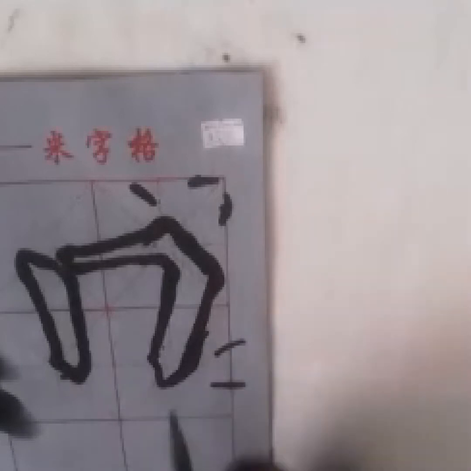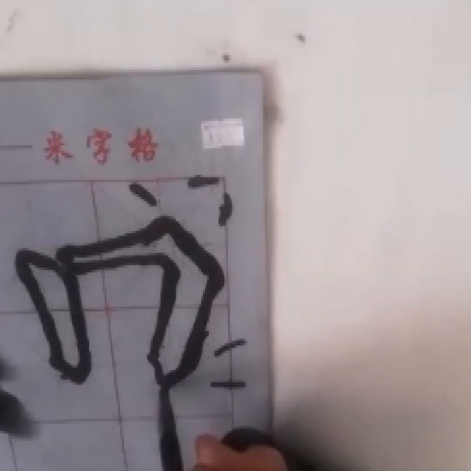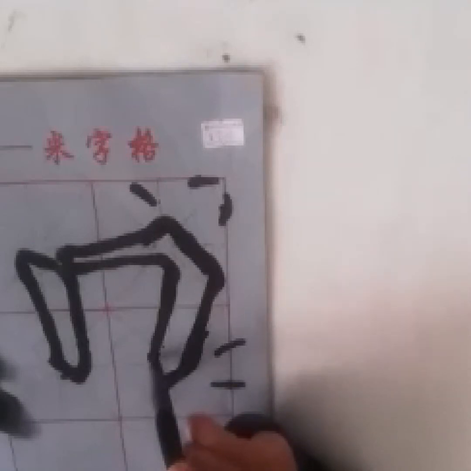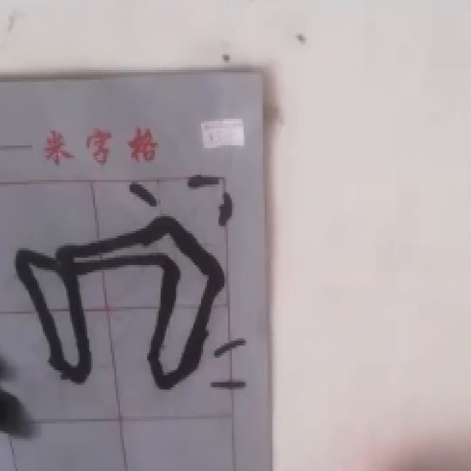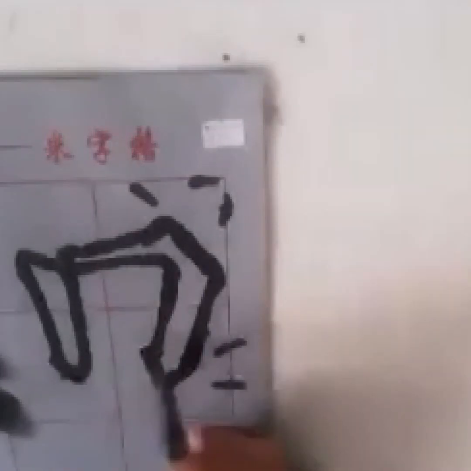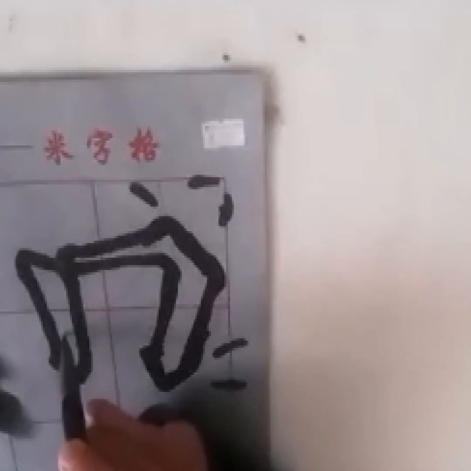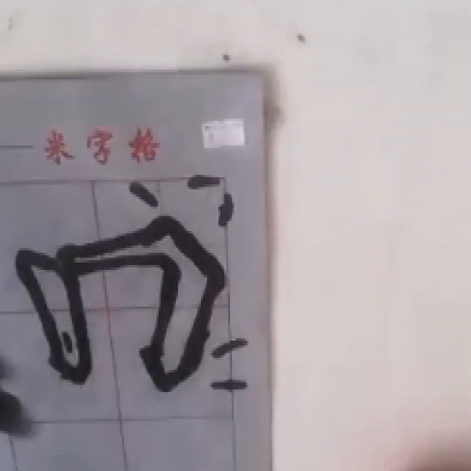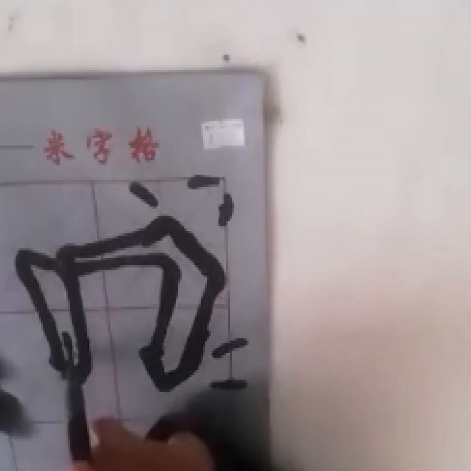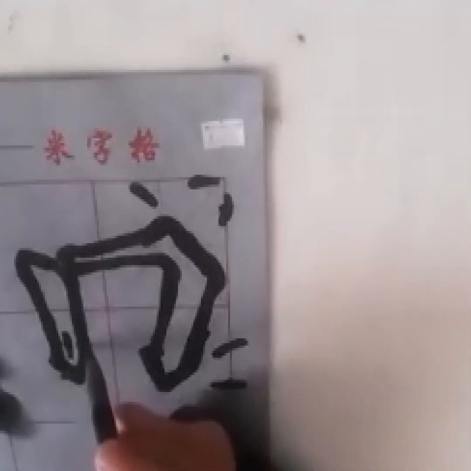Go up here. So this one can be a small hook here, right? And then finally you fill in this stroke. When you fill in this stroke, you can start from inside and go sideways, to fill up this stroke.